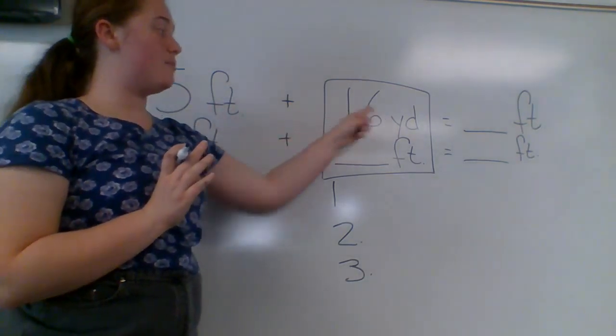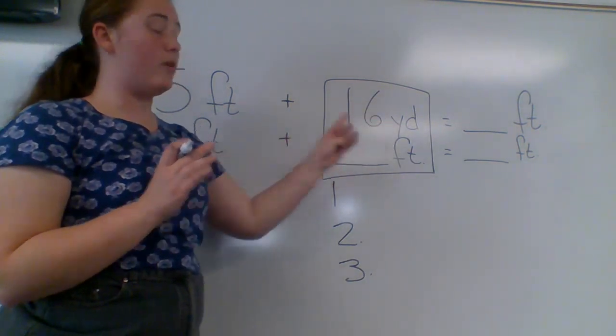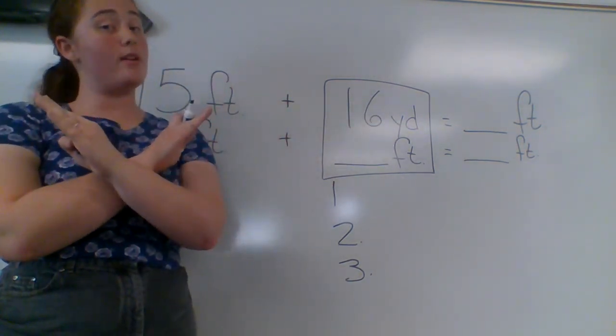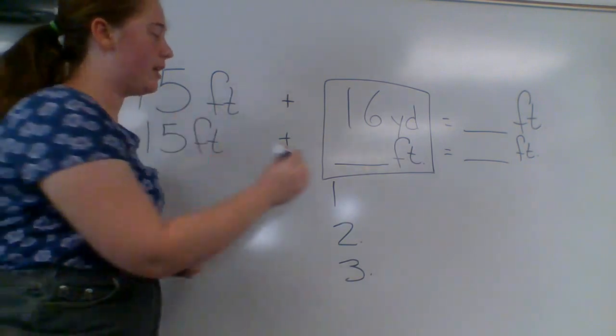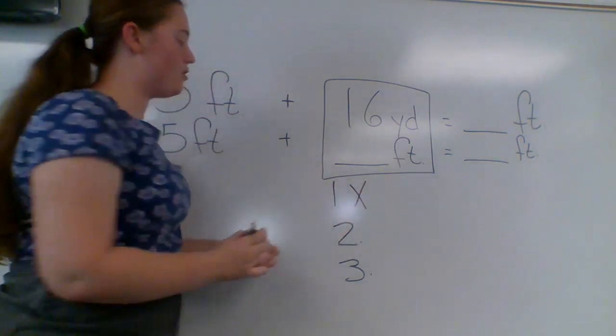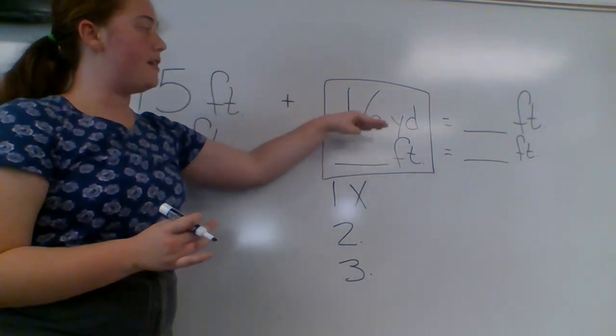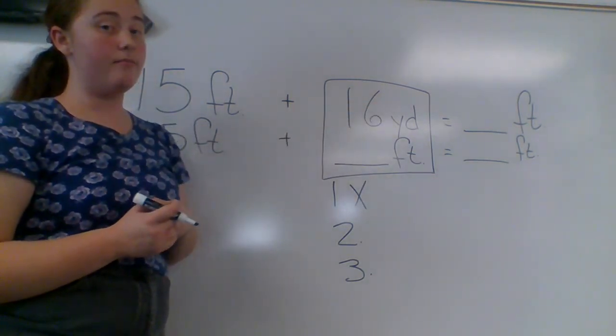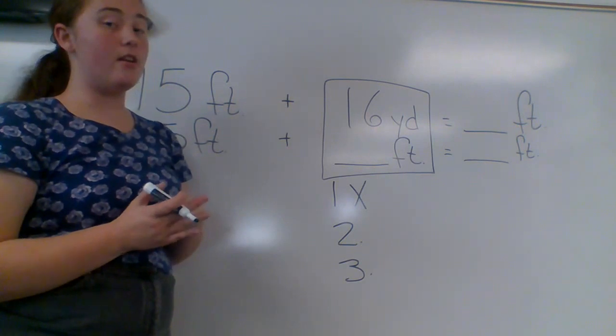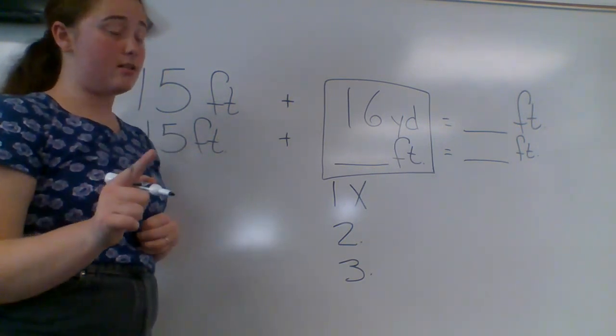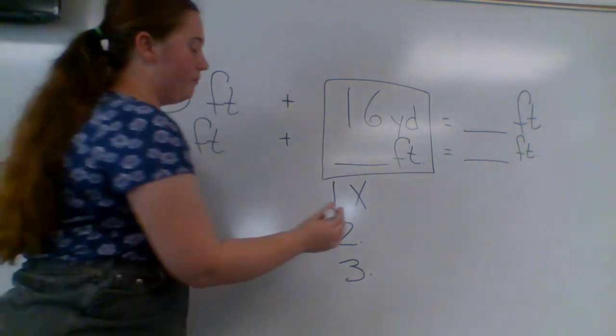Right, yards is bigger, so we're going larger to smaller means we're going to multiply. We're just putting a multiplication sign right there. Step 2, my special number. How many feet are in a yard? How many feet are in a yard? Right, there's 3. So 3 is going to be my special number.